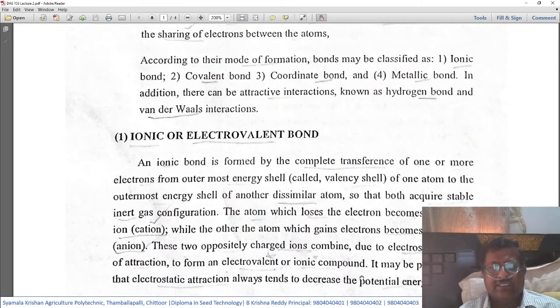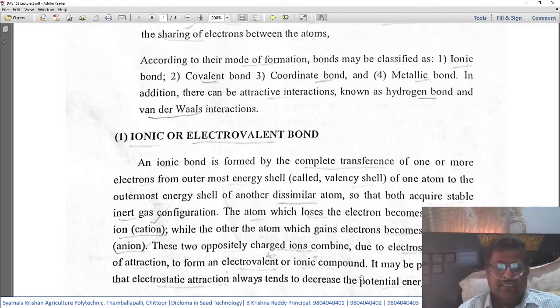These two oppositely charged ions combine due to electrostatic forces of attraction. Actually, when these atoms become ionic, one has become a cation, another an anion. Because of these oppositely charged ions, they will have electrostatic attractive forces between them.